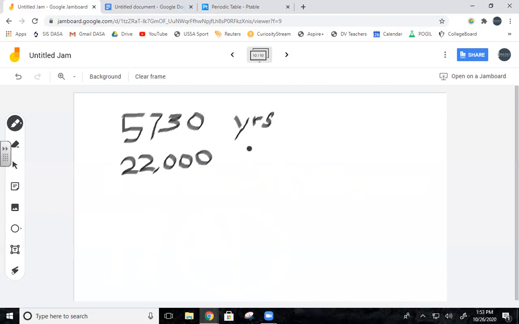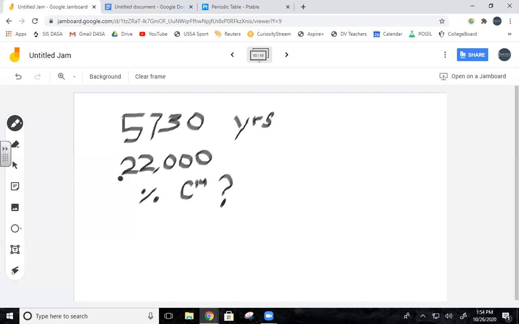So this fossil has been dated to be 22,000 years old, and we are trying to figure out what percentage of carbon-14 is left in this rock.